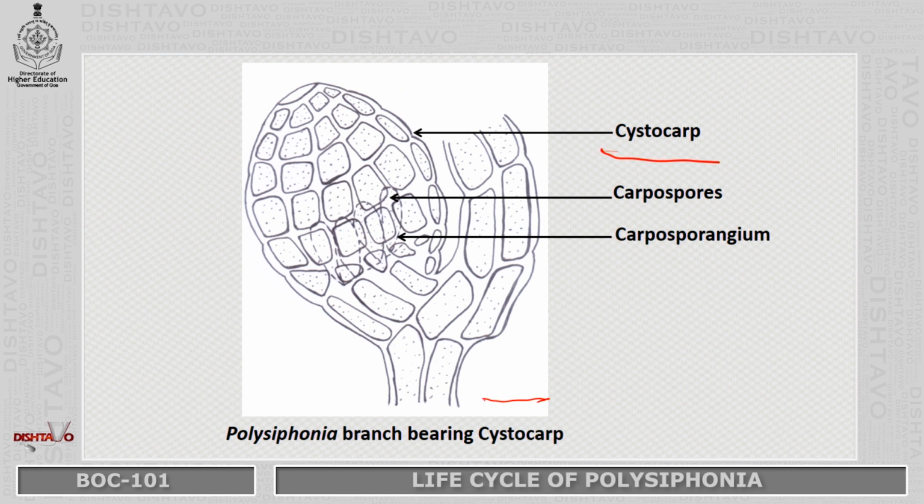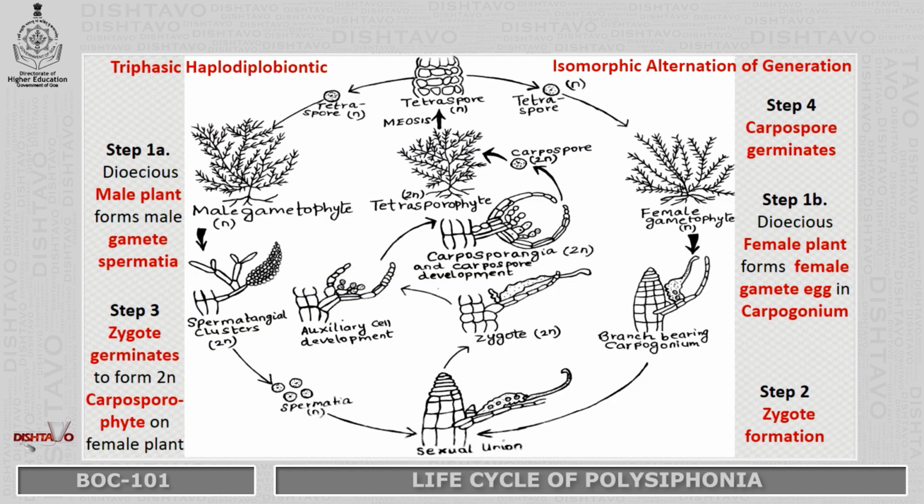The cystocarp bears the carposporangium, and this carposporangium contains the carpospores. These carpospores are diploid. After maturity the carpospores disperse and germinate into the diploid tetrasporophyte plant. This tetrasporophyte plant is an independent free living plant.